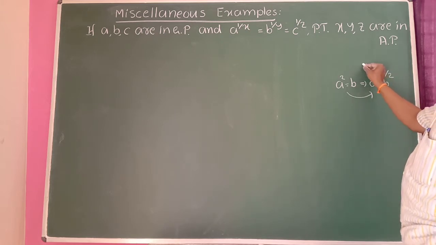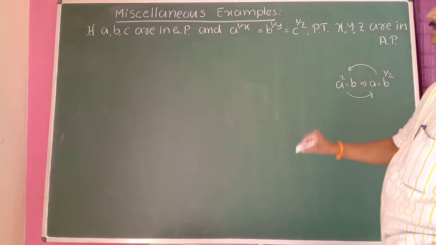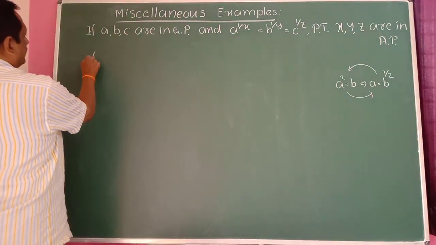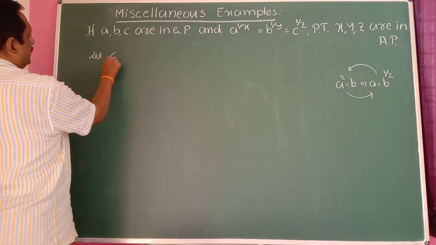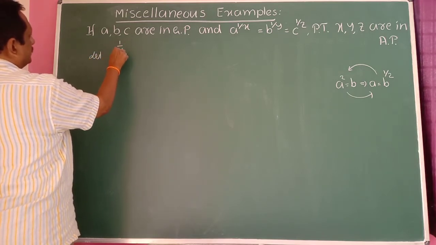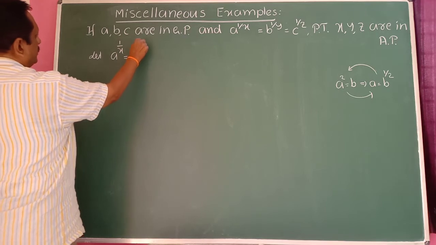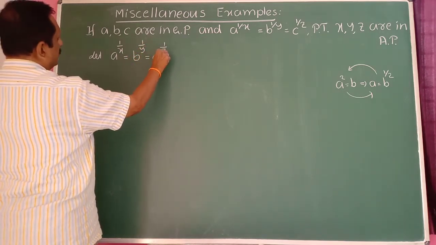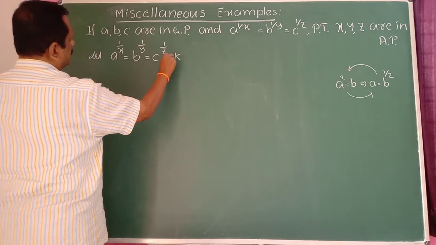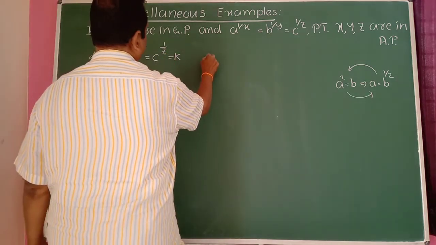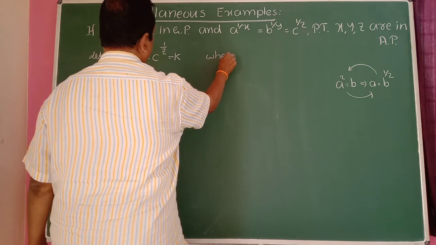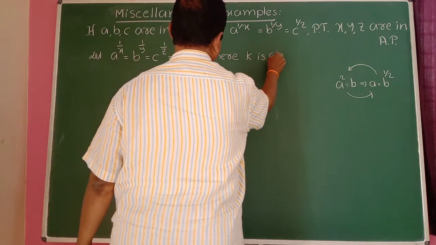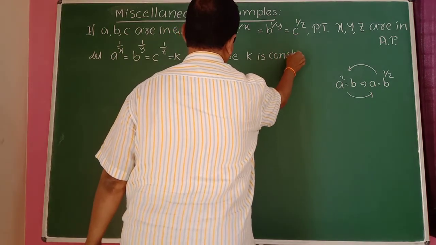Here they have given these are equal. Let A raised to 1 upon X is equal to B raised to 1 upon Y is equal to C raised to 1 upon Z is equal to some constant K, where K is a constant.